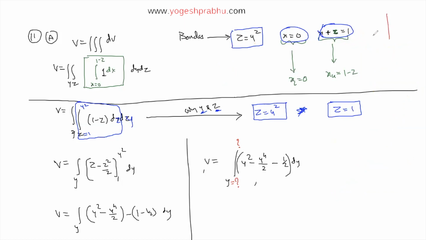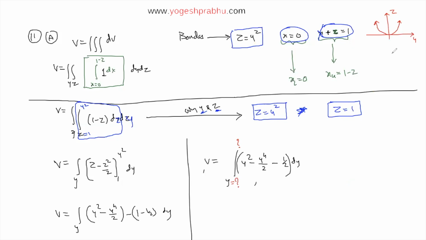So you have y and z. Y square is symmetric about the z-axis, so the parabola is going to be like this. This is correct. Okay.